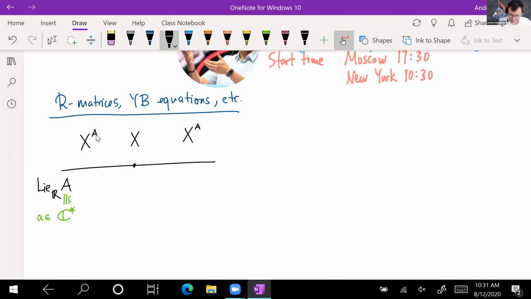And corresponding to that, we've constructed certain correspondences. This is really a correspondence, but I write it as if it was a map.